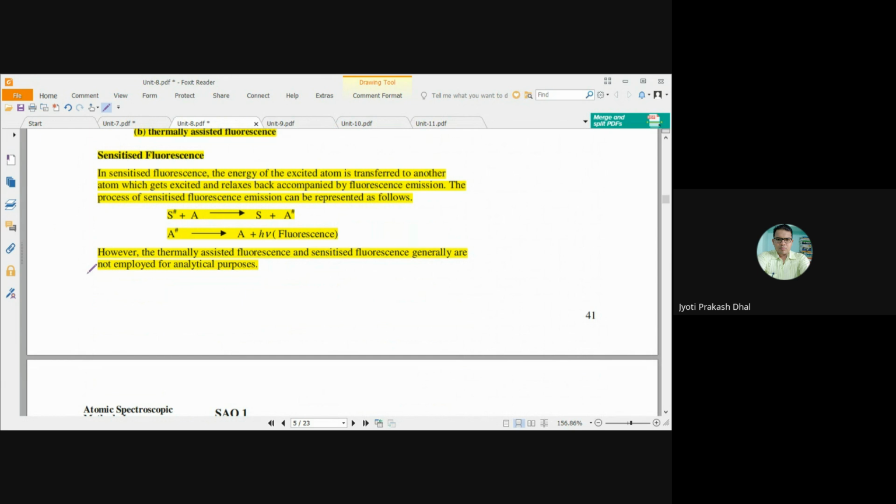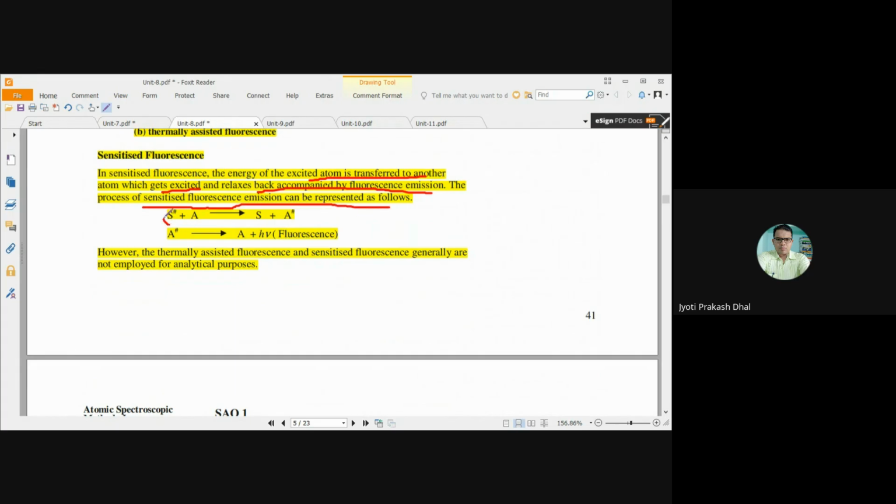Now coming to sensitized fluorescence. In sensitized fluorescence, the energy of the excited atom is transferred to another atom which gets excited and relaxes back, accompanied by fluorescence emission, and the process of sensitized fluorescence emission can be represented below.